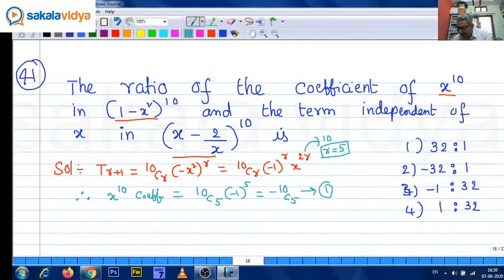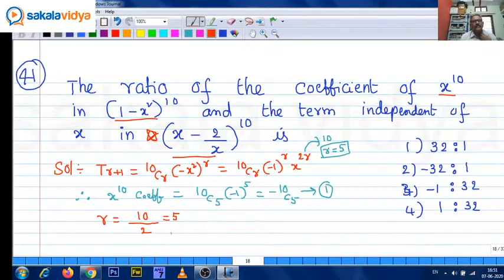Okay, we evaluated x to the power of 10 coefficient in the first expansion. So now let us go for independent term in this expansion. You can find out r value in the second expansion: r value is equal to 10 upon 2. Here also r value is 5.